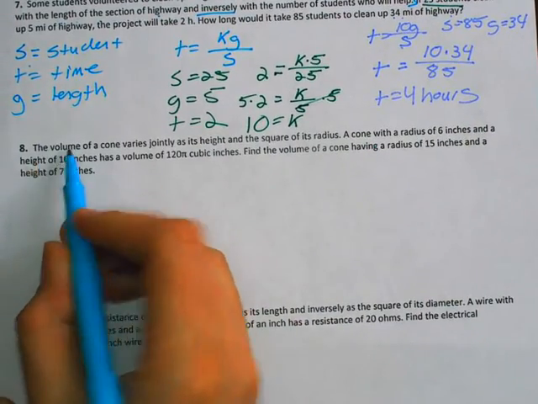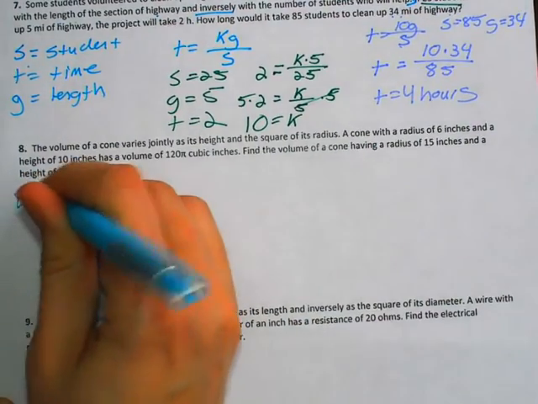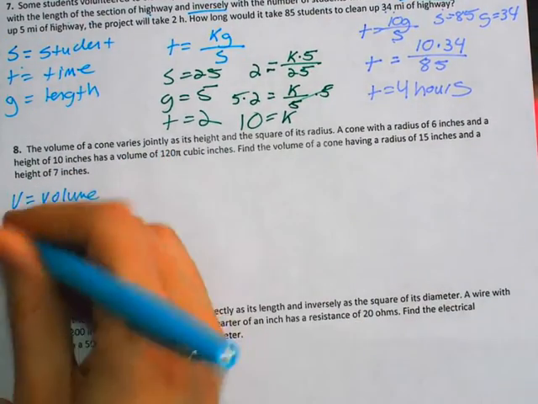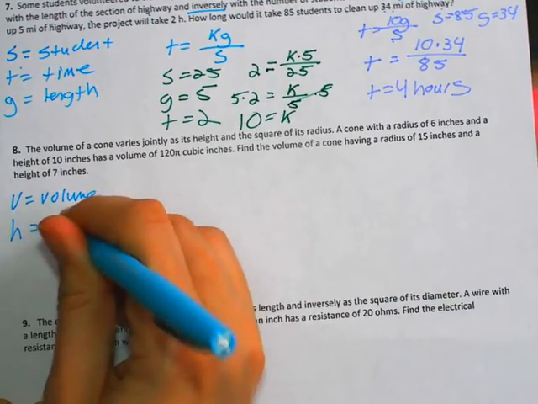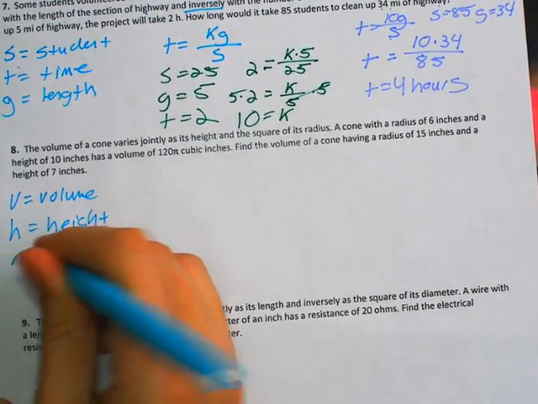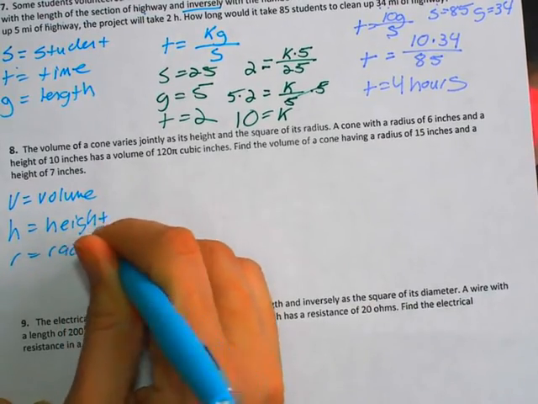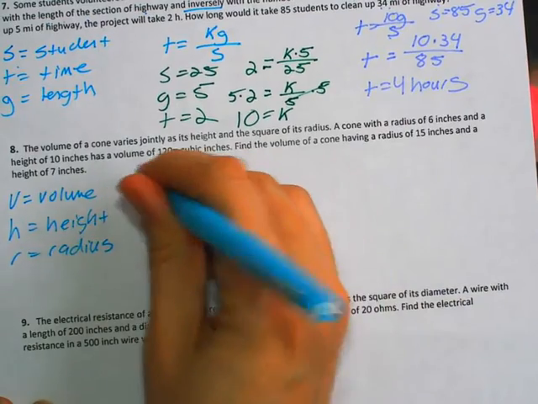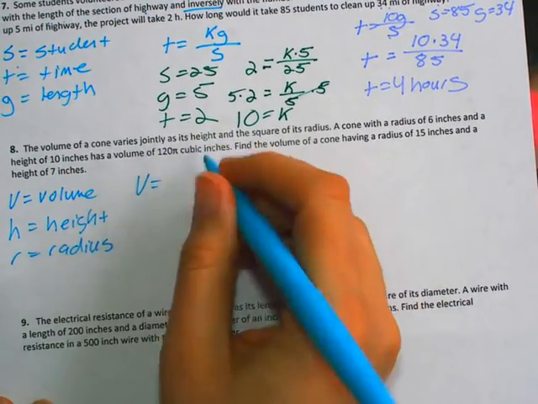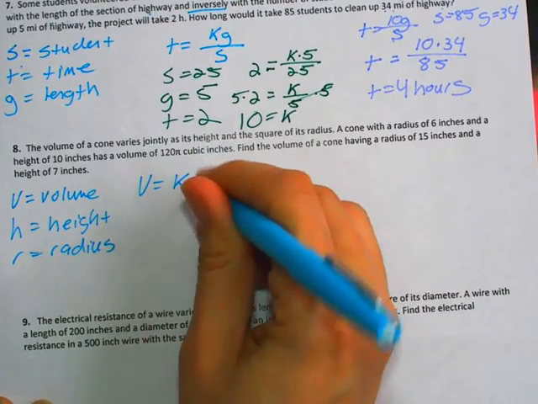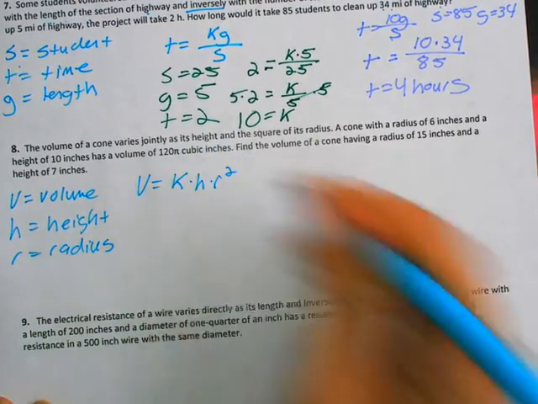It says volume, so V equals volume of a cone varies jointly with its height and the square of its radius. I'm stopping there. Okay, now I can write my equation. Volume varies jointly, and I'll have a K, so jointly with height and the square of its radius.